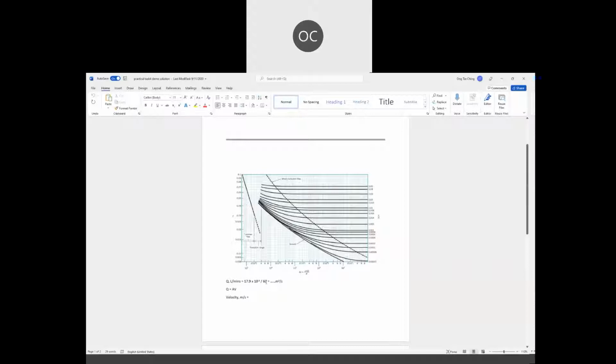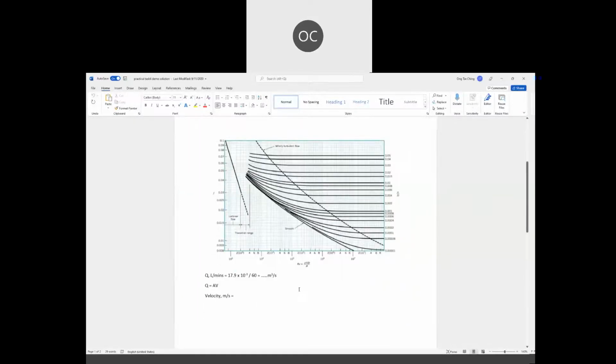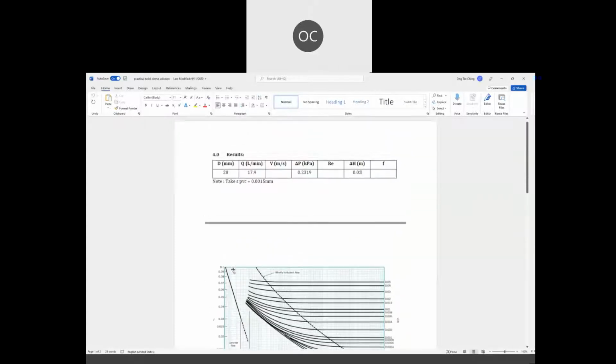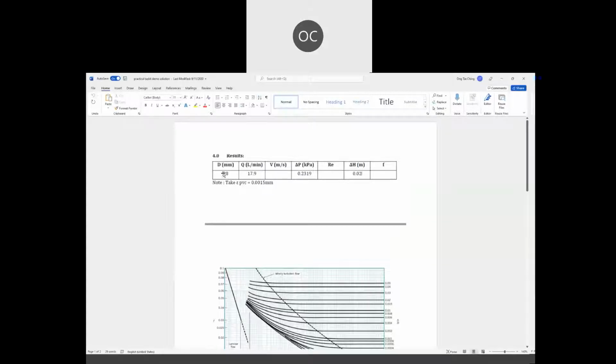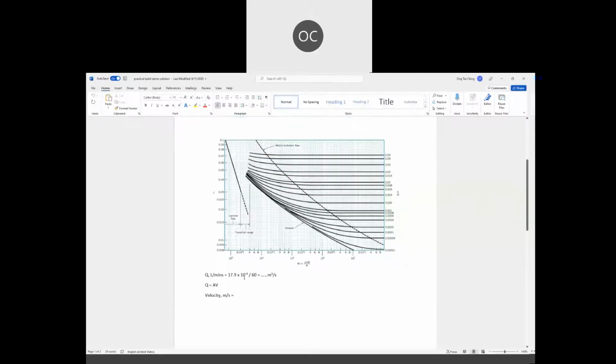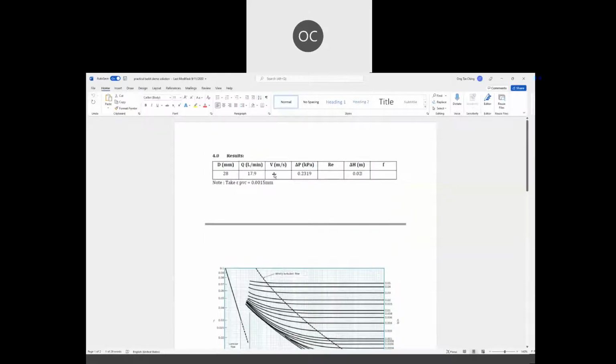I think you are familiar with the calculation already, right? Q equals AV. Q will be in liters per minute, so like previously, divide by 1000, then divide by 60 again to obtain the Q value here. So you are able to calculate V in meters per second.